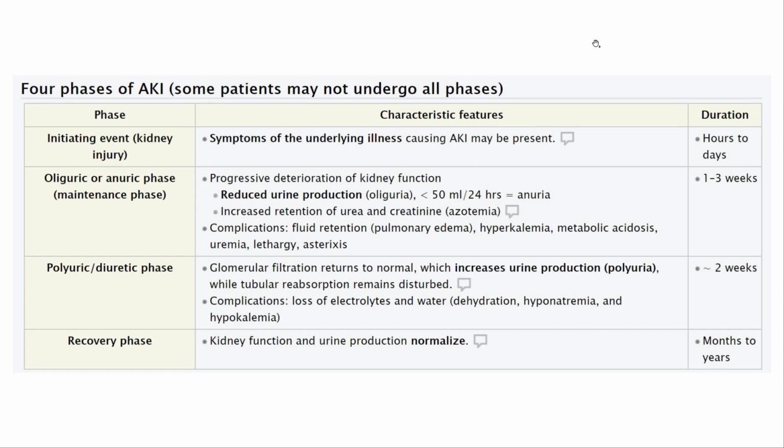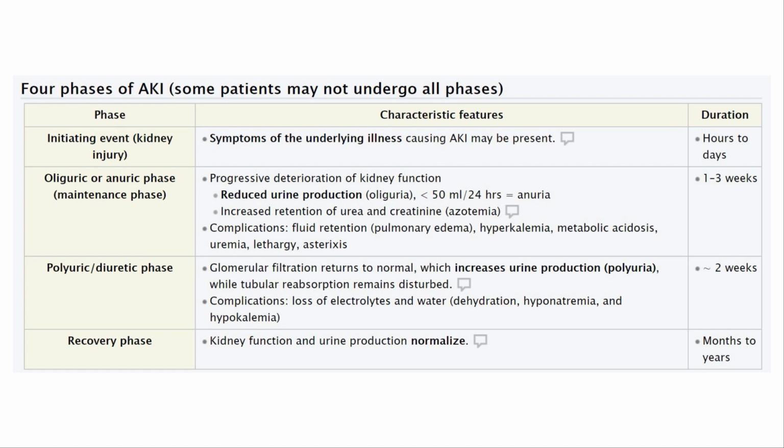Kidney injury happens in phases, and this isn't really essential to know, but it's good to have a general idea. Some event occurs, and it could just be severe dehydration. That's what it most commonly is in the hospital. Then within the next week after that event, the GFR drops, the creatinine rises, and you begin to have electrolyte abnormalities and acidosis, and that's typically how you notice it.